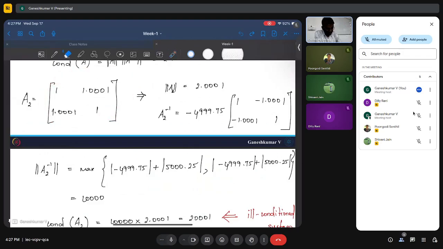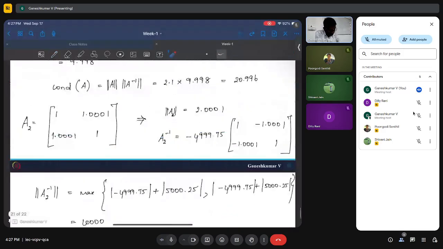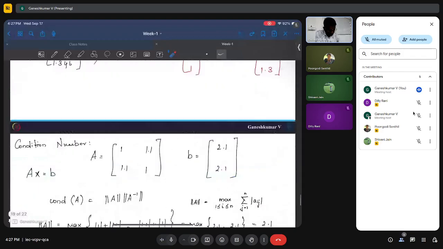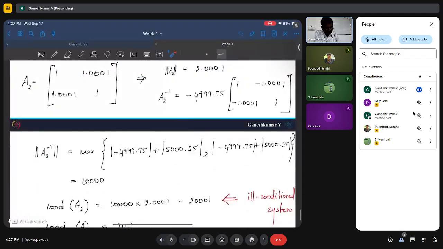I didn't really find the solution here; I just showed it to find the condition number. If instead of 1, I change it to, let's say, 2, compared to the exact value, this change is very minor. So if you put 1 and solve the equations and find x and y, and then if you put 1.002 and solve the equations and find x and y, the solution will be very different.